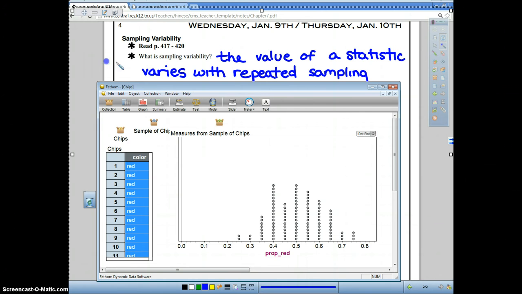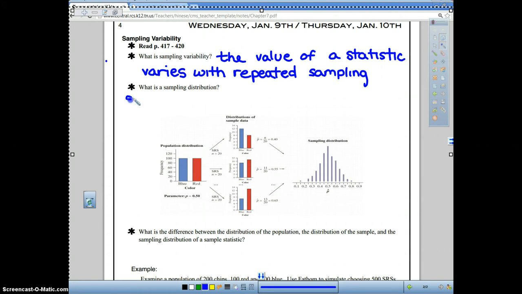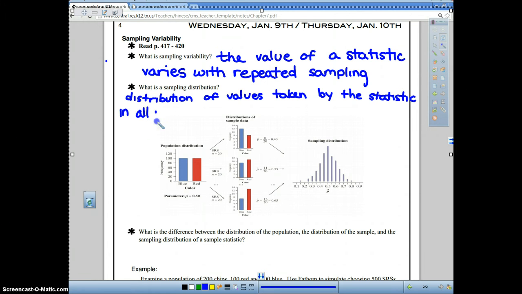Okay, the actual definition is that it is the distribution of values taken by the statistic in all possible samples of the same size from the same population.